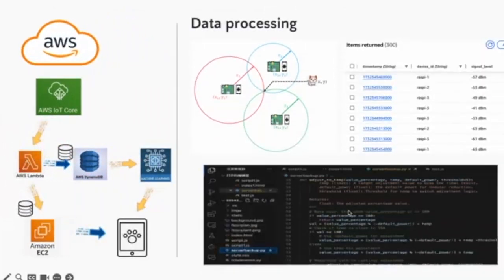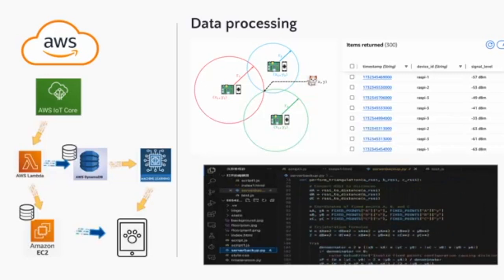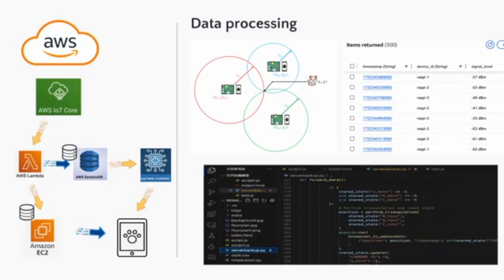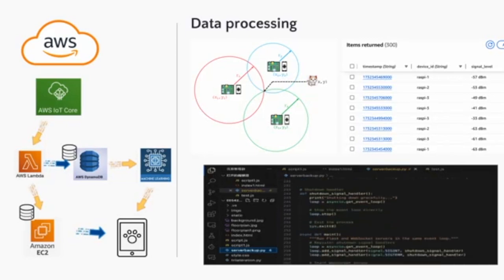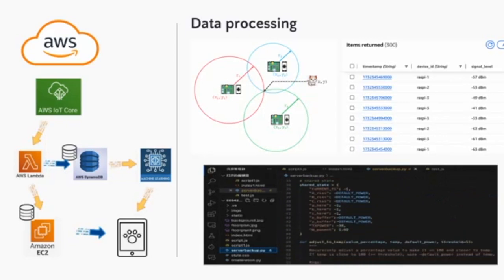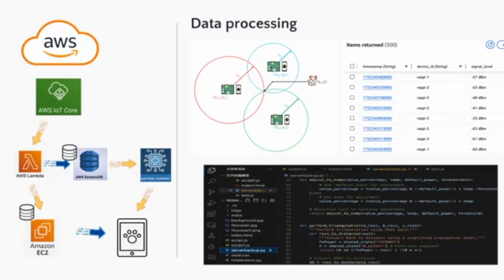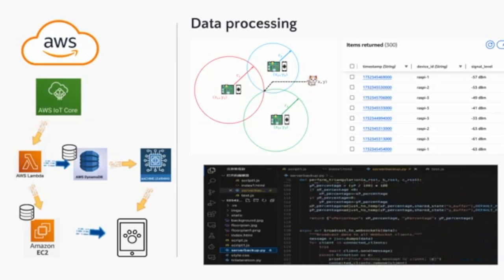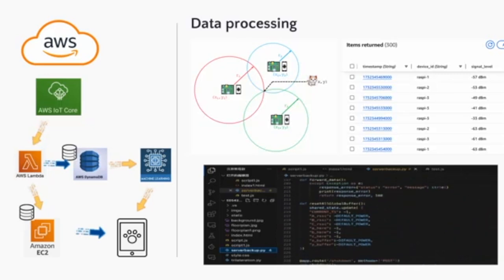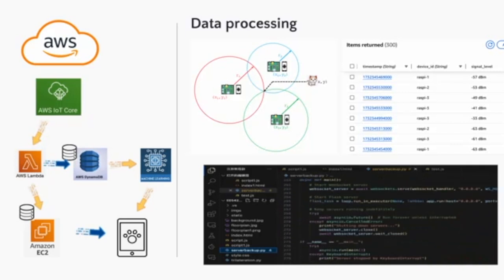And this slide illustrates the data processing pipeline, starting from the IoT device transmitting signal data through IoT Core, with data stored in DynamoDB and analyzed using machine learning for advanced insights. Our data also goes to AWS EC2, which hosts custom algorithms and backend services, ensuring efficient computation and seamless integration with the application.